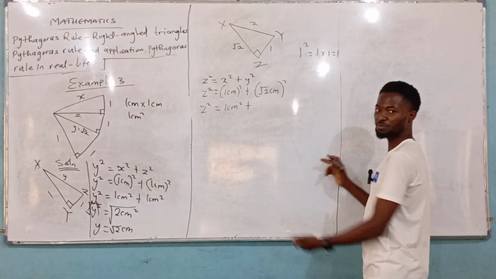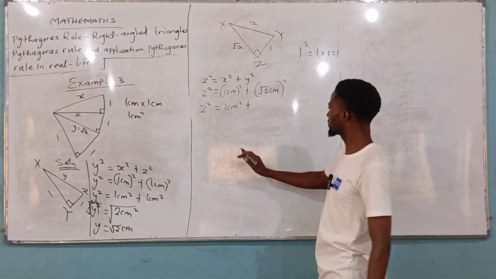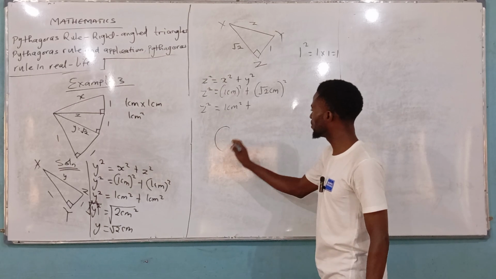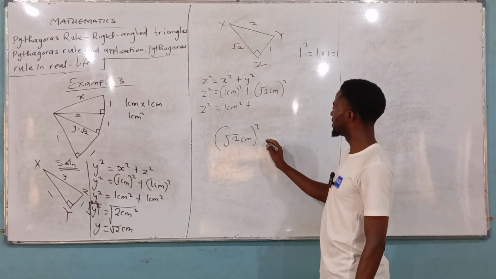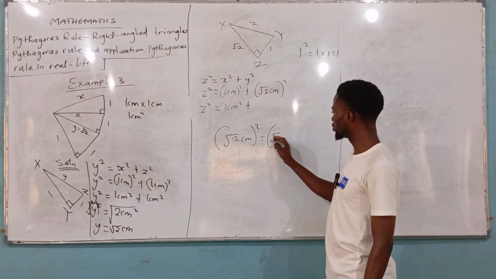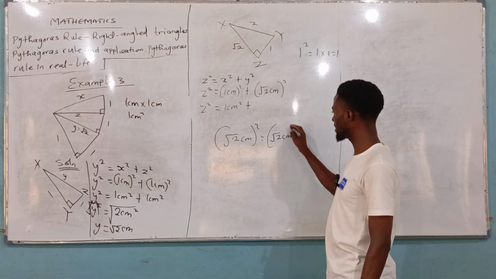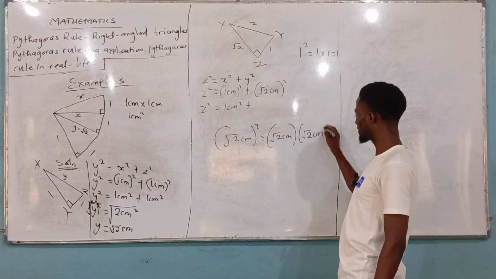Now, let's use this side and express it. We have (root 2 centimeter)². This is the same thing as root 2 centimeter times root 2 centimeter.